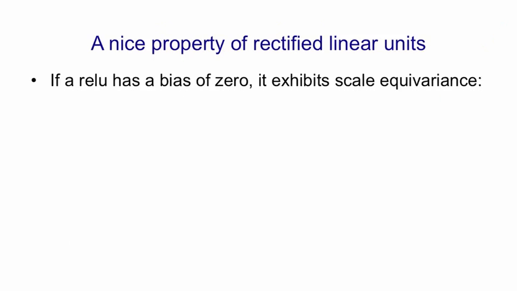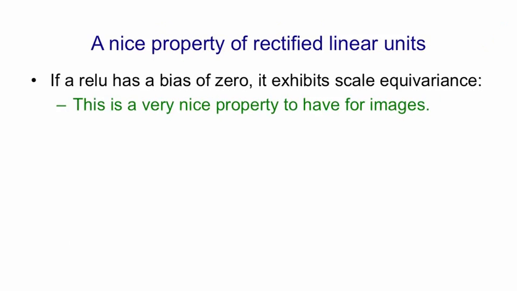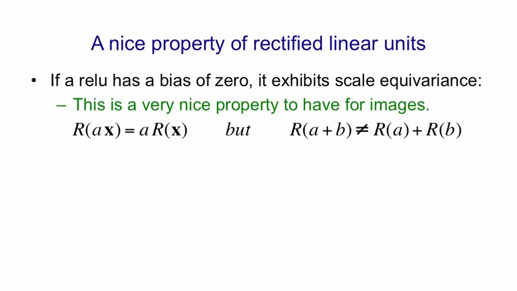One nice property of rectified linear units is that if they have a bias of 0, they exhibit scale equivariance. This is a very nice property to have for images. What scale equivariance means is that if you take an image x and you multiply all the pixel intensities by a scalar, a, then the representation of ax in the rectified linear units will be just a times the representation of x.